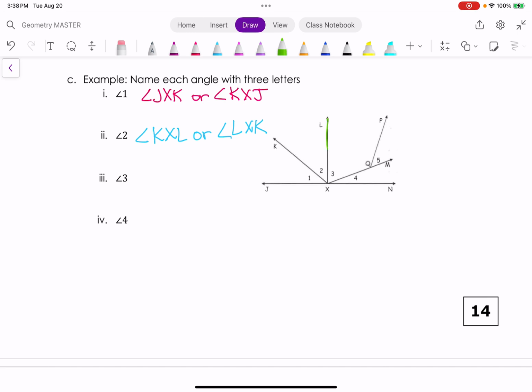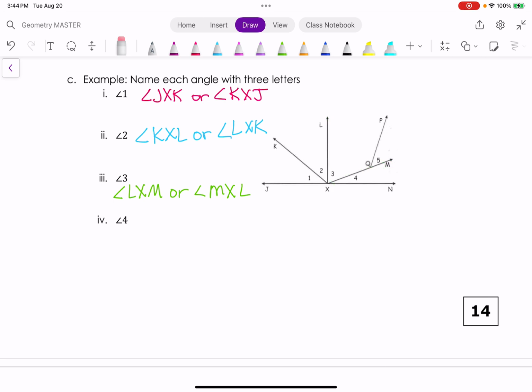Angle 3 now. I want y'all to notice that it could either end at Q or M, but we're going to choose M for this one because that's at the end of the ray. So for angle 3, it can be LXM, or angle MXL, as long as that X is in the middle.